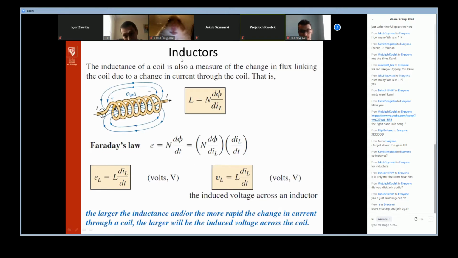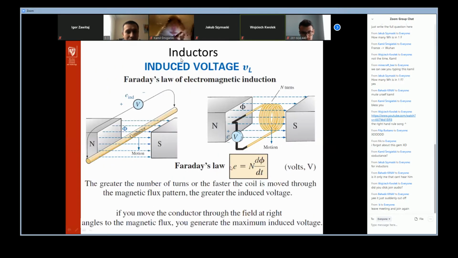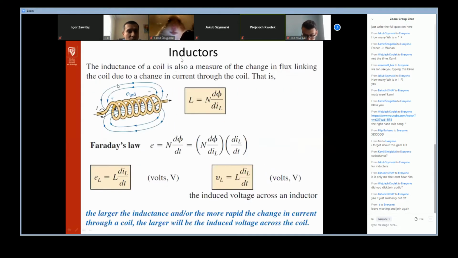And we know also that if we have the magnetic field around the coil, according to Faraday's law, the induced voltage depends on the changing of magnetic flux. As you see, if you have a change in magnetic flux, we have induced voltage. It is equal to 0 if you have no change in magnetic flux. So it is possible to induce some voltage on the terminals of the coil.